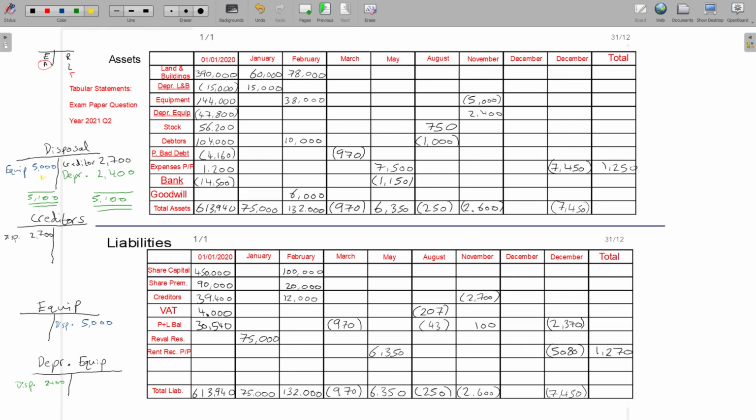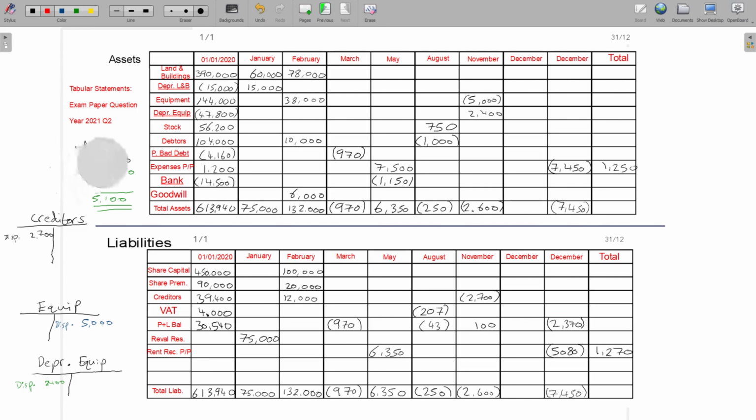The balance, if you can see that, is 100, and that's going to your P&L. So whenever we're doing disposals, we always write off whatever it is to P&L, either a loss on sale or a profit on sale. So if you double entry that into our P&L account, it's a revenue. So that is to help with your understanding. You don't have to do that.